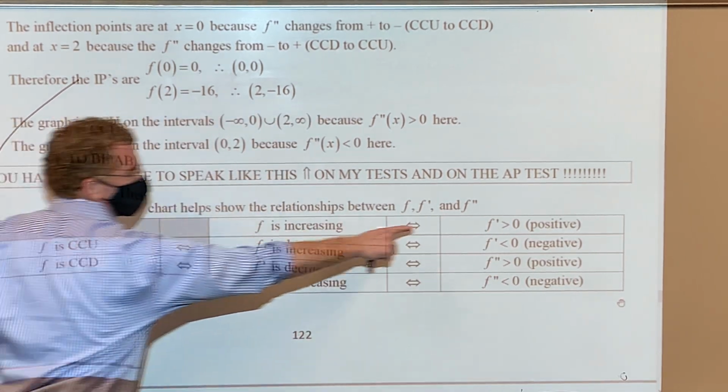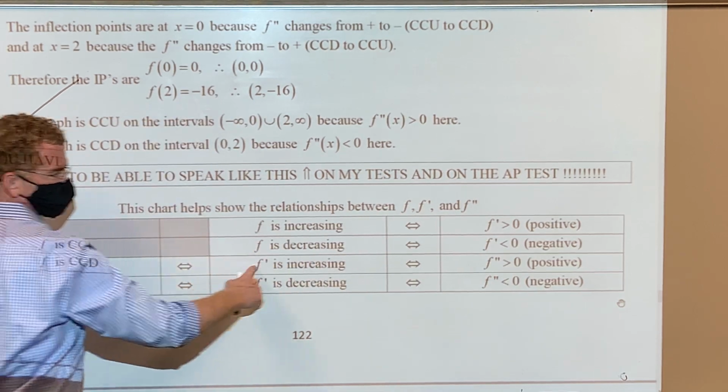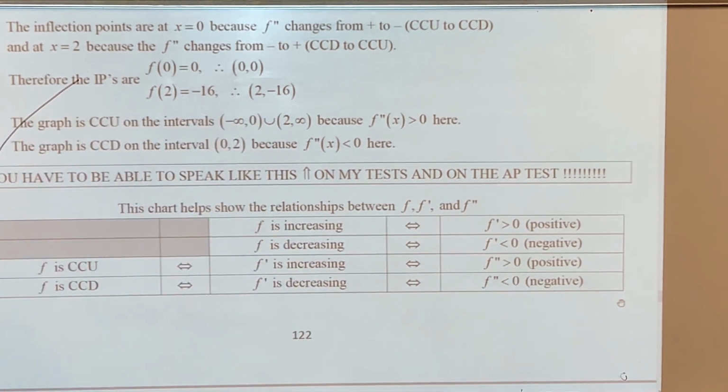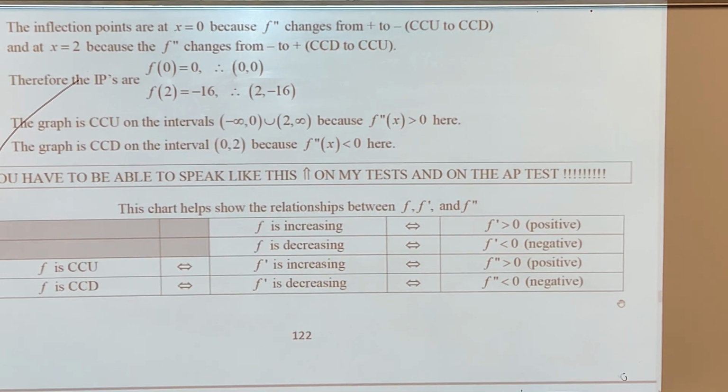Increasing function, positive concavity, increasing function, negative concavity. Like a parabola would be. The function is concave down. Did I do something wrong here?